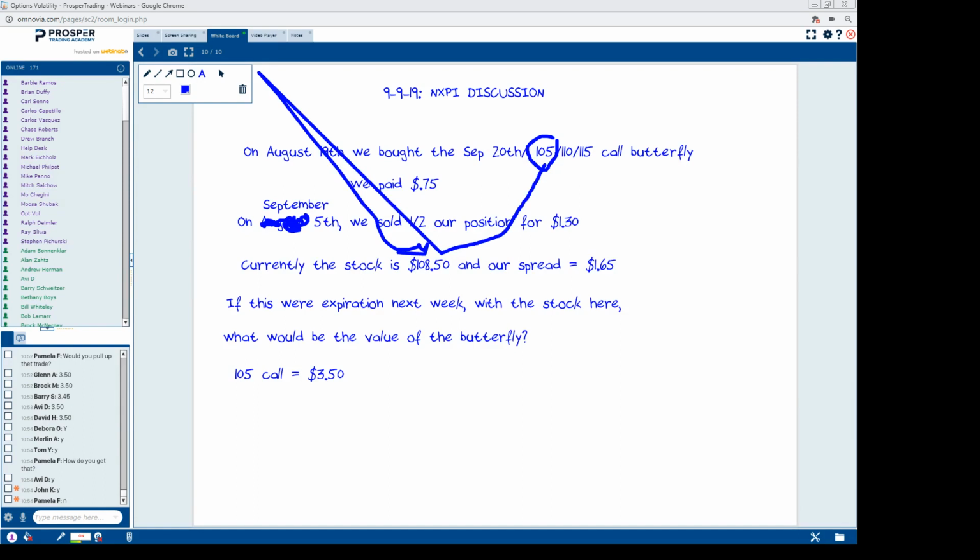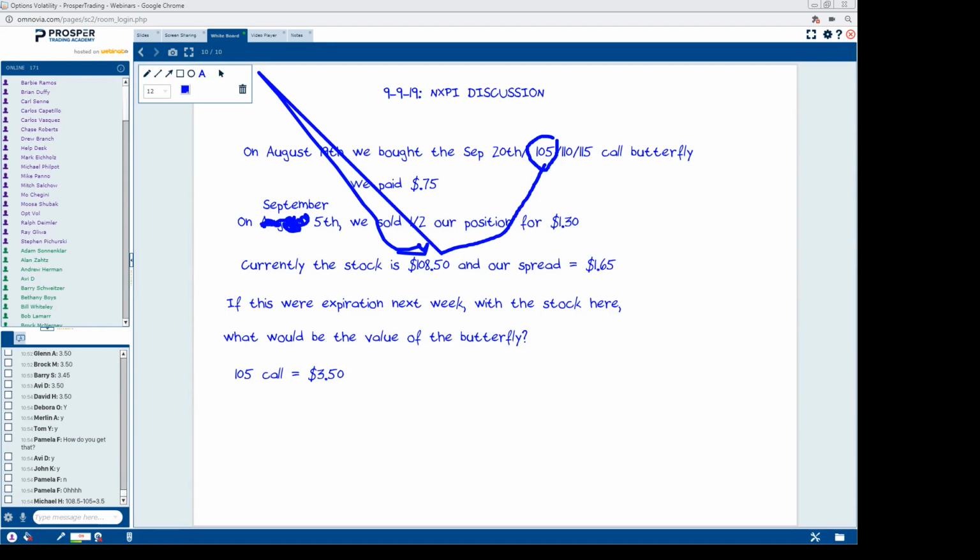Well, Pamela, if you have the 105 call and the stock is trading 108.50, what's the difference between the strike and where the stock is trading? Okay, so remember, no premium at expiration. Only intrinsic value.